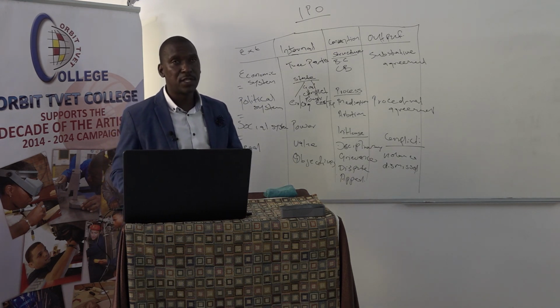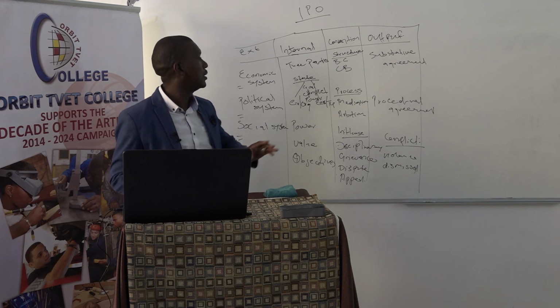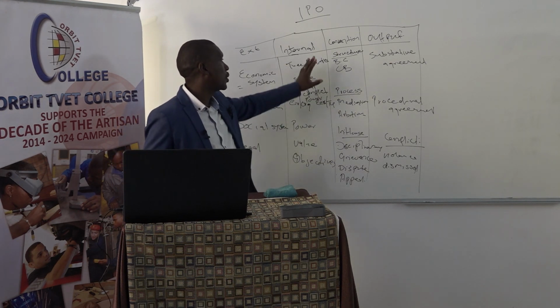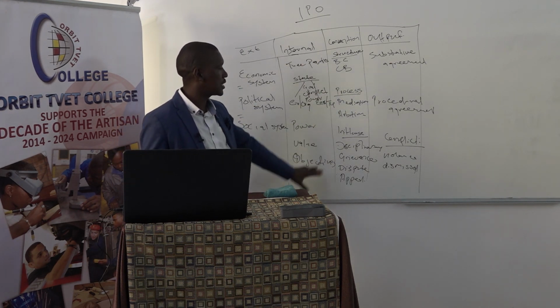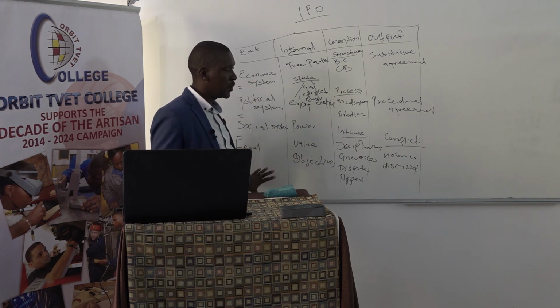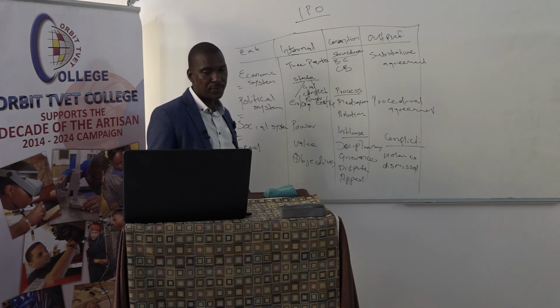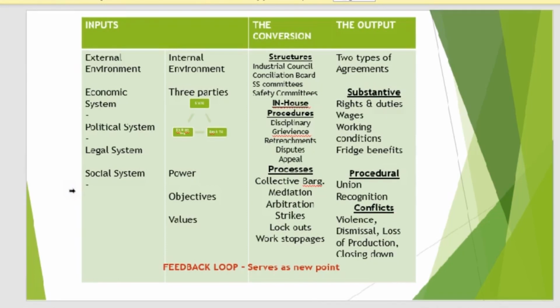That was the first objective, to illustrate. This is the illustration. When they say illustrate, you draw the structure. You know exactly what falls under each part of the structure. The second objective, we said, we need to know the link between internal and external input, and also the link between the output and the external.